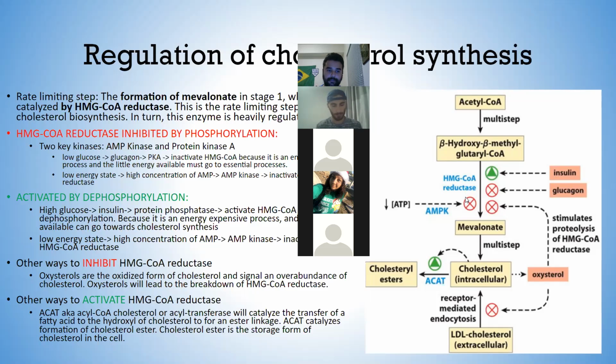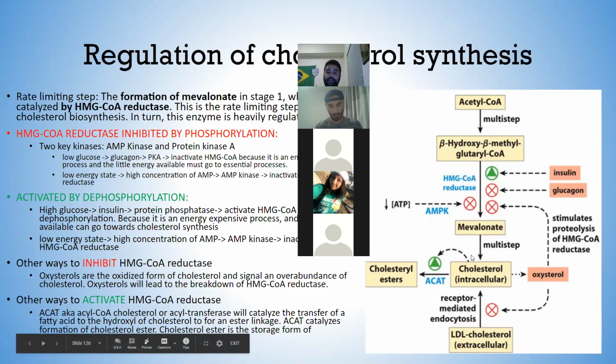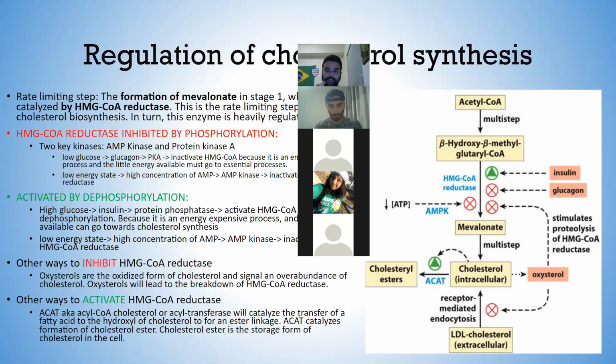That also makes sense, right? Why these two species inhibit HMG-CoA reductase. AMP kinase is only activated in low ATP situations, so why would we try to make cholesterol if we don't have enough ATP? It doesn't make sense, right?